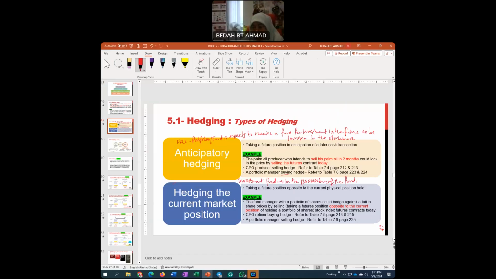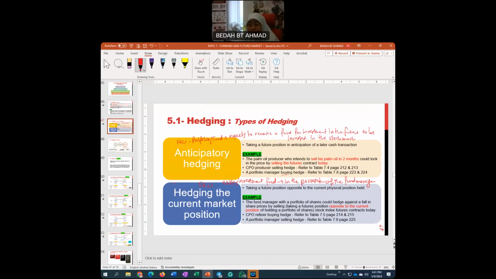The first one is the investment fund that is going to be received in the future, to be invested in the stock market. Hedging the current market position is for the existing investment fund that is already in the possession of the fund manager. The fund manager needs to hedge this investment fund to avoid further loss.